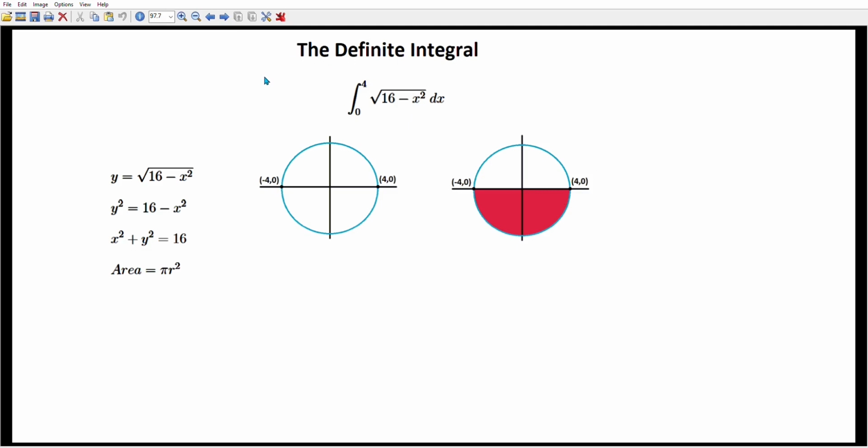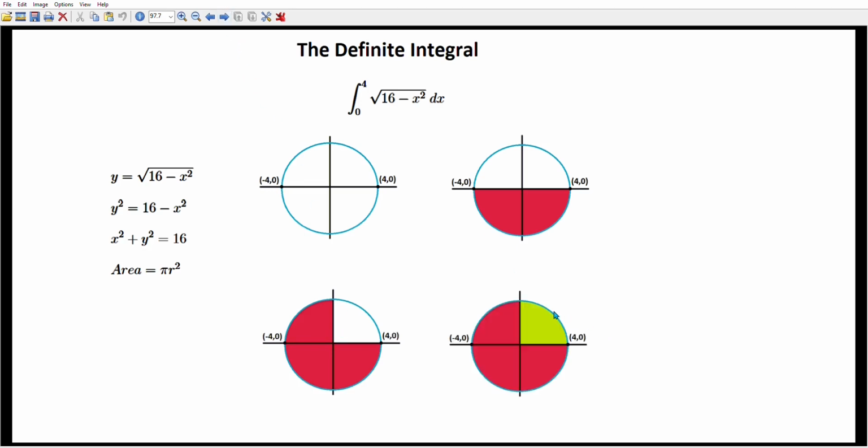The next thing to notice is that this area goes from -4 to 4 for x. However, the limits on our definite integral are 0 to 4. So the section between -4 and 0 is not included. And finally, we only have this little green section as the area represented by this definite integral.